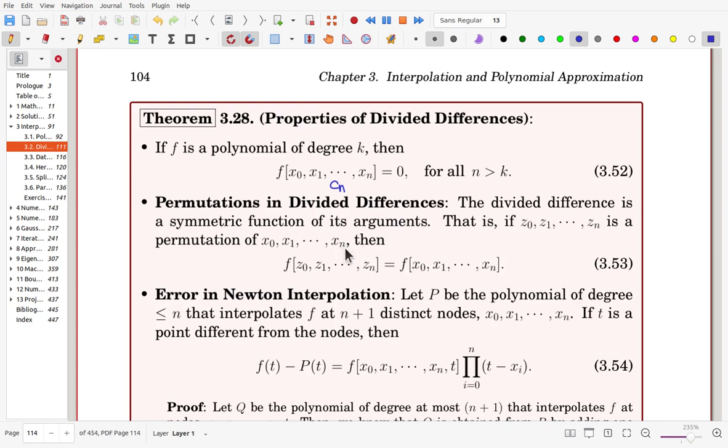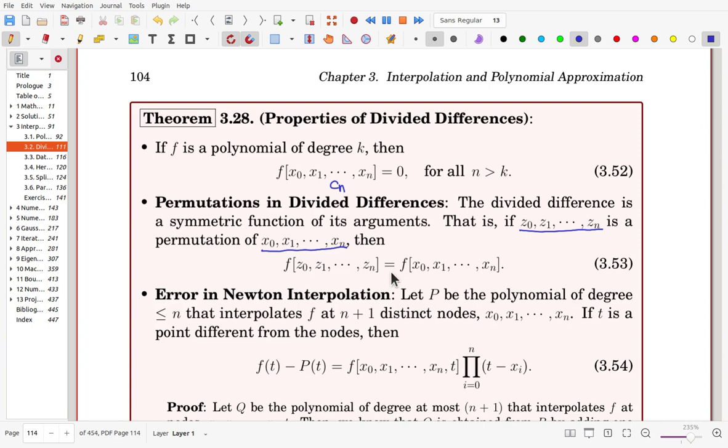Now, one question is, what if we permute the points? Right now they are ordered x0 to xn, but if we change the order so that it becomes z0 to zn, the same points in a different order, would the nth order divided difference be different?